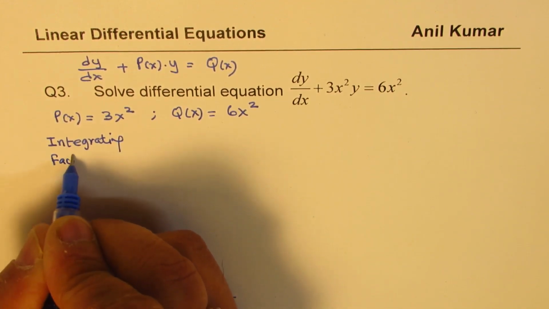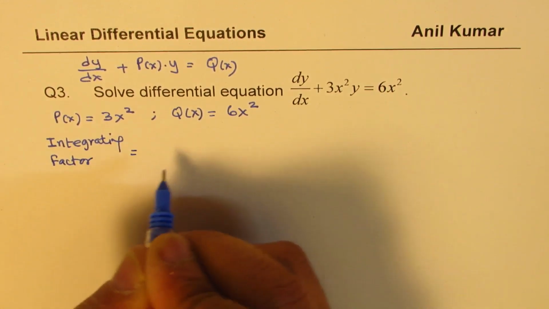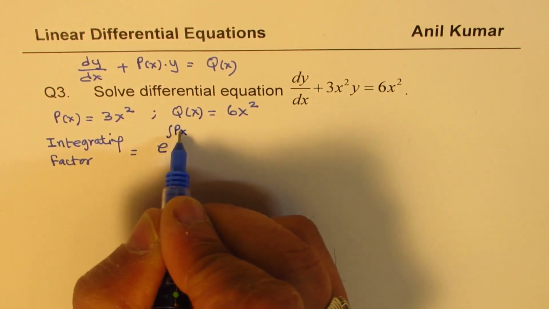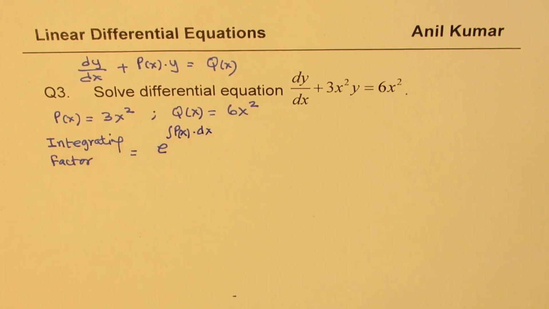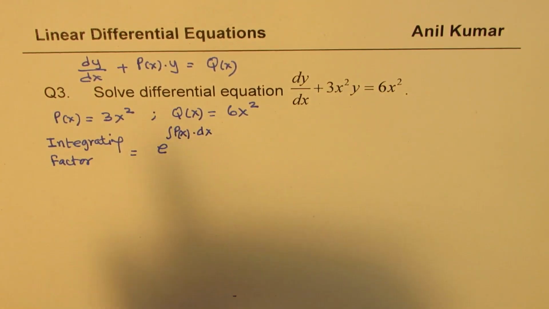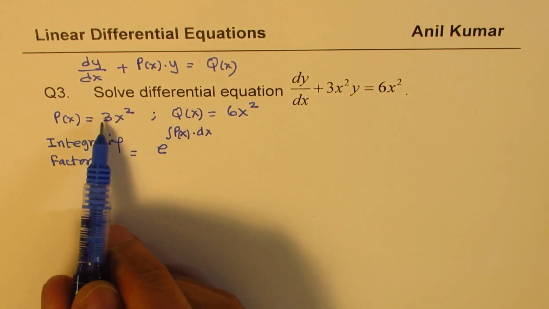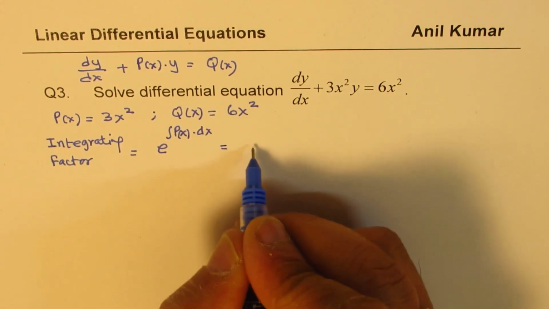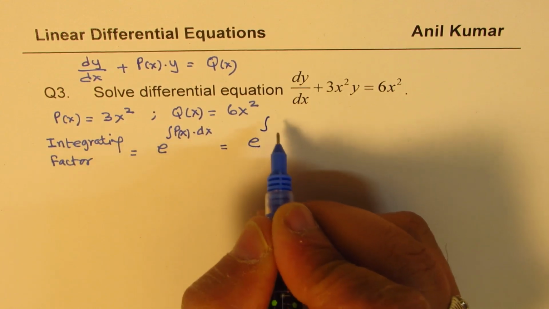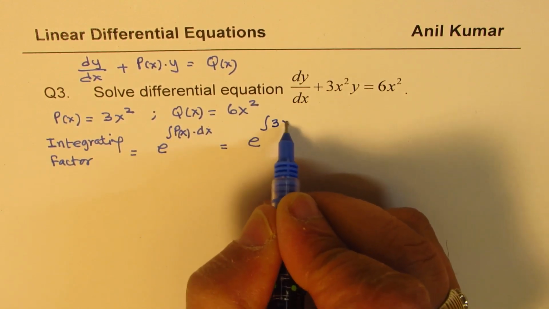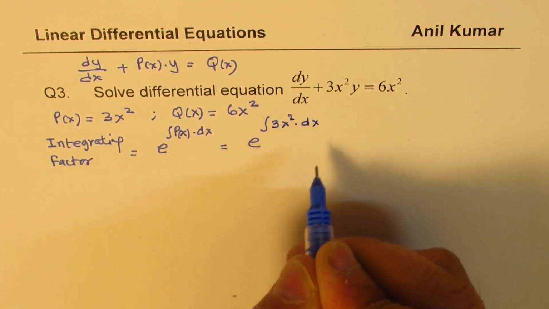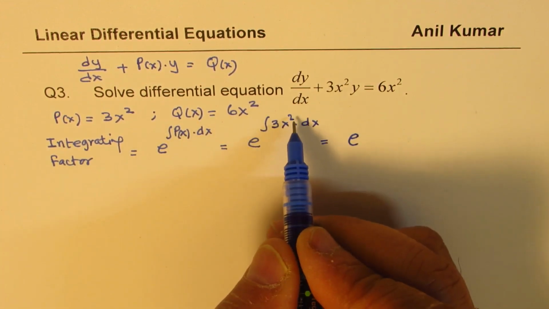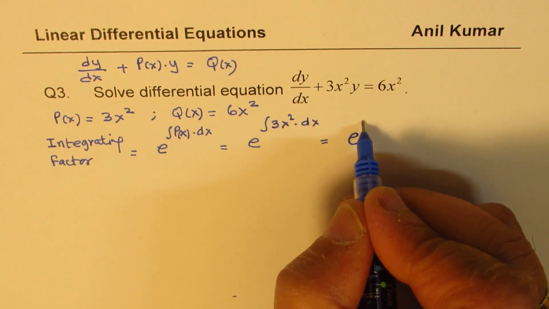What is that? Integrating factor is e to the power of the integral of p of x, right? That is what it is. So in our case, p of x is 3x squared. So we could write this as equal to e to the power of the integral of 3x squared dx, right? Which is e to the power of x cubed, right?